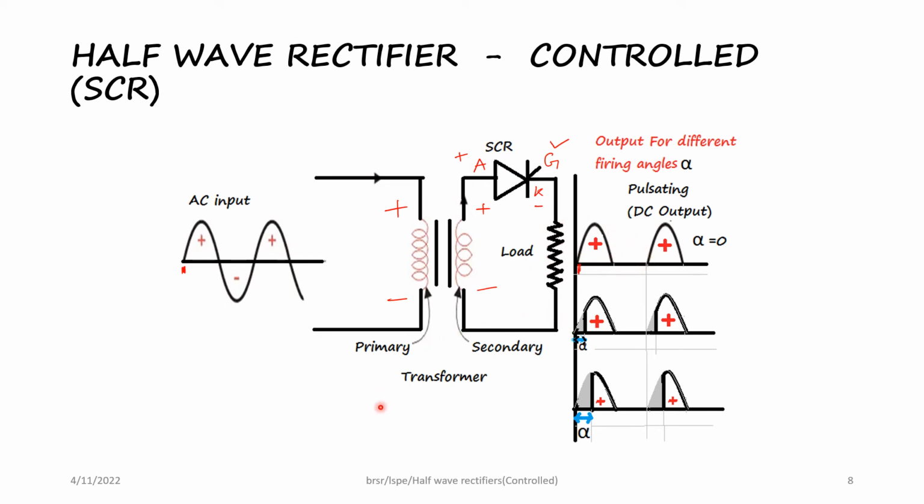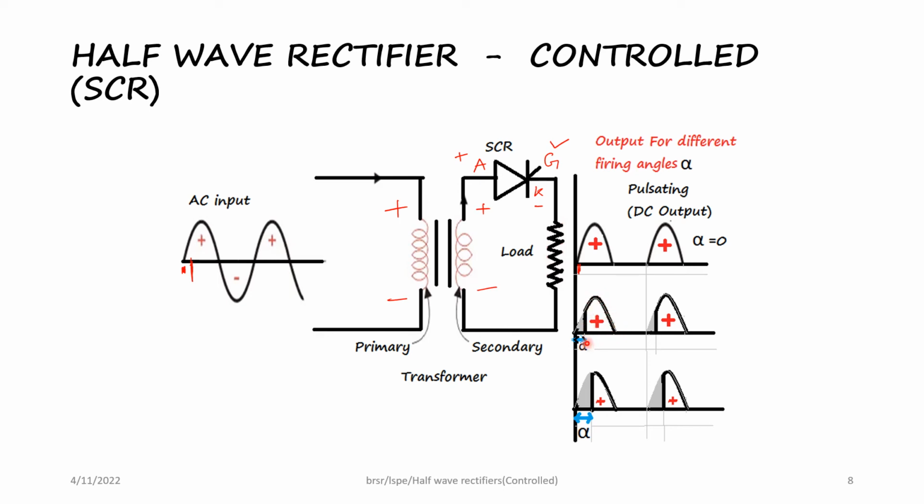If the gate pulse is given not at 0 degrees but at a later stage, at some point away from 0, and if the SCR is forward biased during the positive half cycle, the current conduction starts from the point where the gate current is given. So we do not get the full positive half cycle as the output, only a part of it.